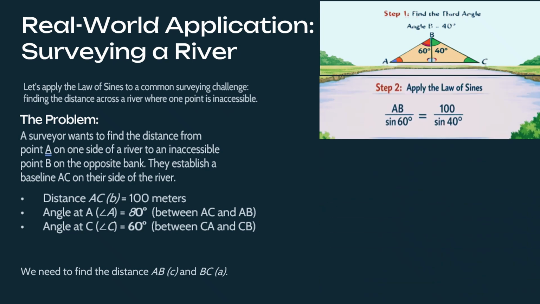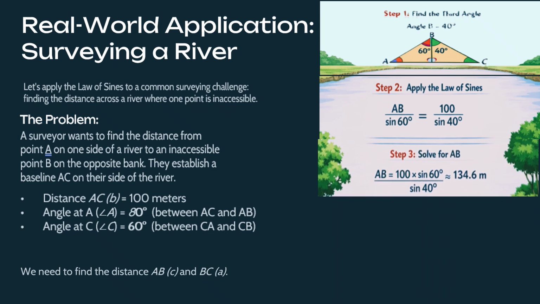Step 2. Apply the law of sines. To find side AB opposite angle C, side AB divided by sine of 60 degrees is equal to 100 divided by the sine of 40 degrees. Step 3. Solving for side AB.